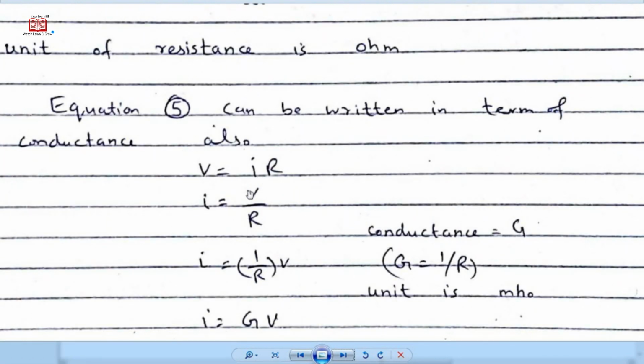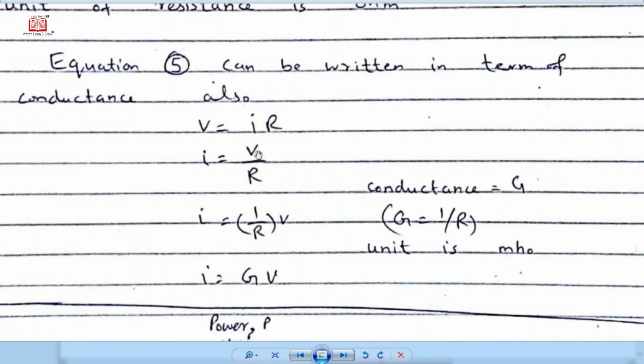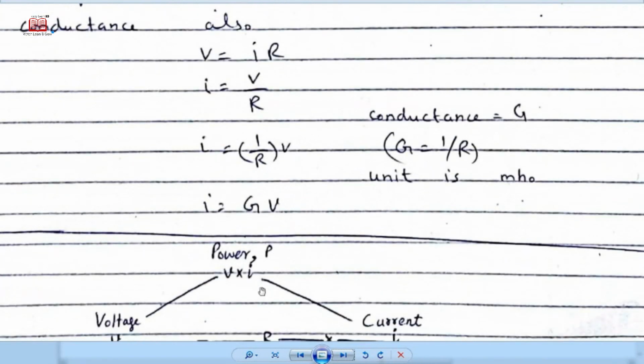V is equal to IR, and we can also define the formula of the current from this relation. Moving this R from the right-hand side to the left-hand side, I is equal to V over R. Now, if we separate the voltage from the term 1 over R, because we want to replace this 1 over R with G, I is equal to GV.